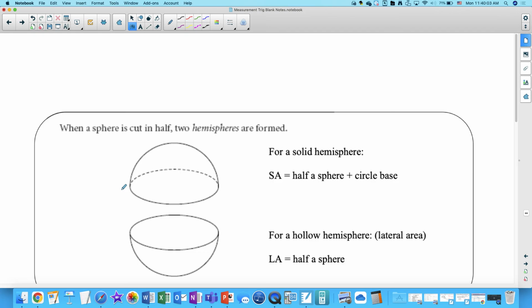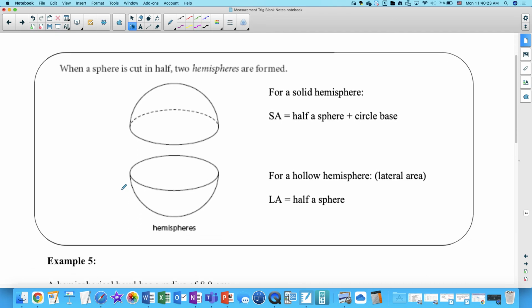For the purpose of this course, we're going to assume that a hollow hemisphere is just the outside. It's almost like, imagine I asked you for the surface area of the northern hemisphere of the Earth. You would just be looking at half. So assume for hollow in this course that we are not also considering the inside of the bowl-like shape.